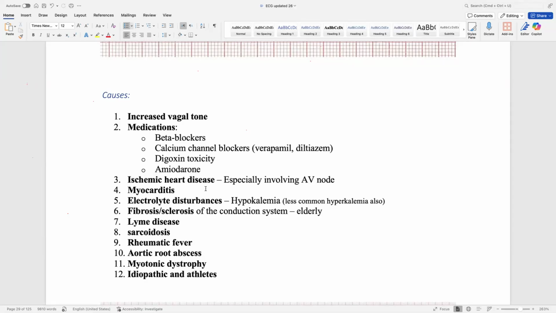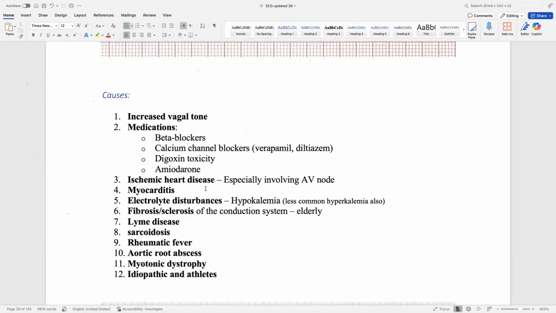So ischemia, itis, myocarditis, Lyme disease, sarcoidosis, inflammatory conditions, rheumatic fever, abscess, all this can cause AV block. Not necessarily only first degree, it can cause any degree, actually.